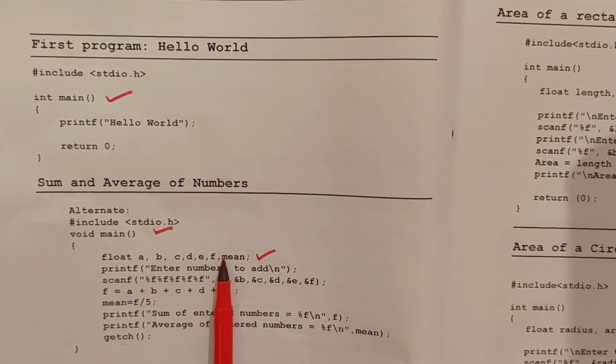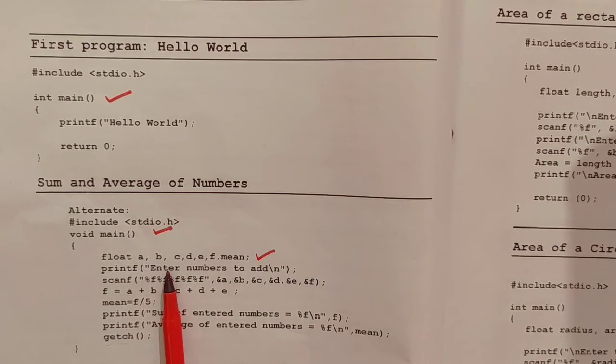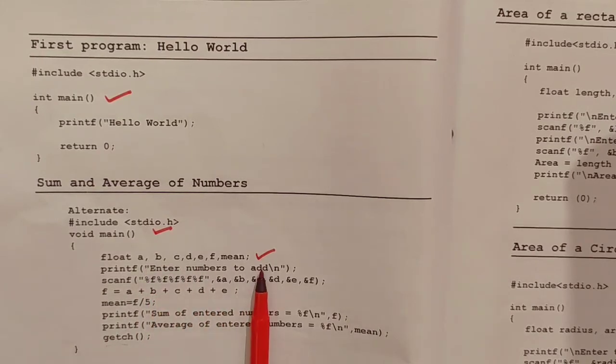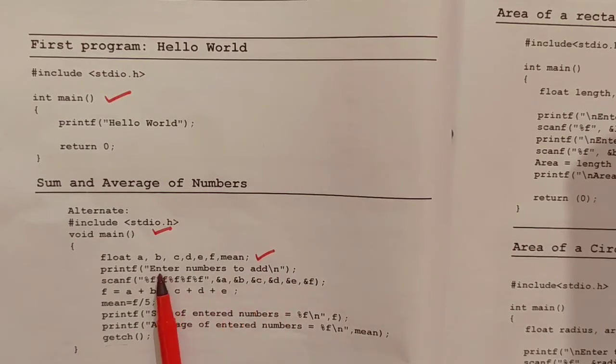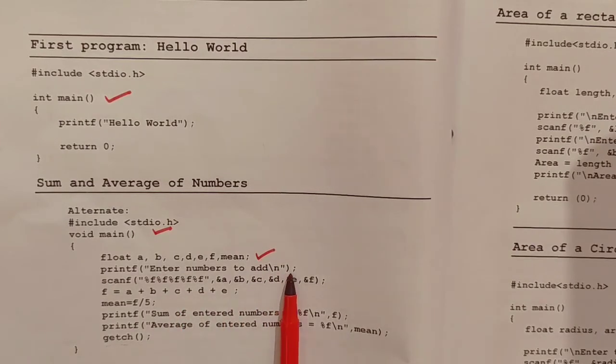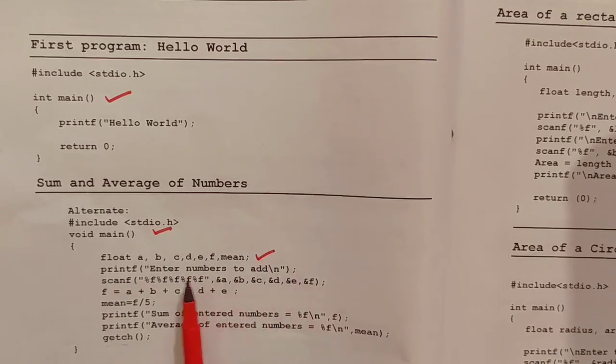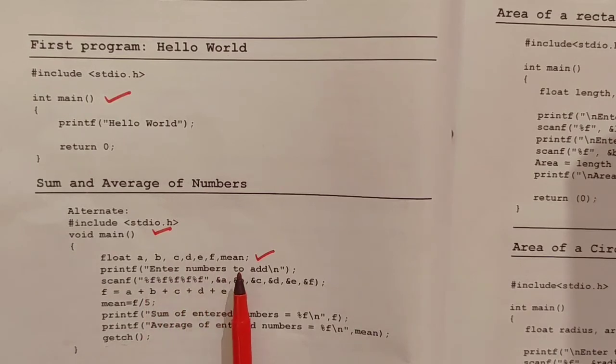After defining the variables or numbers, you are using printf. It means it will print this line, where in double inverted commas, enter numbers to add, \n, bracket closed. So it will print on the screen when you run the program: enter numbers to add.